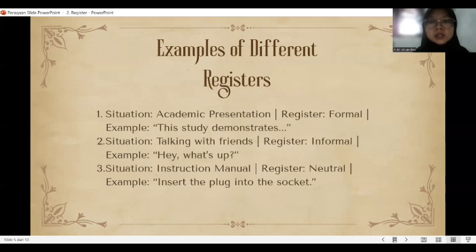The register is informal. For example, "Hey, what's up?" And the third situation is an instruction manual. The register is neutral. Example, "Insert the plug into the socket."